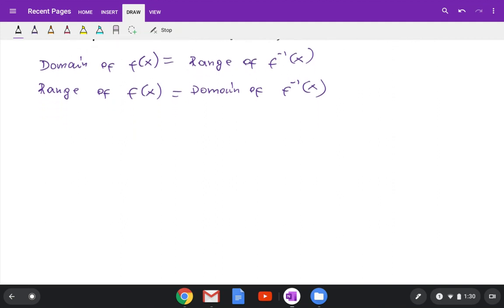This is from page 420, example 27, exercise 27. They want you to find the inverse of a one-to-one function. We already know that the given function is a one-to-one function.